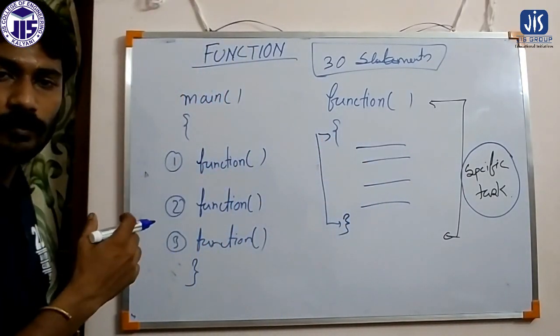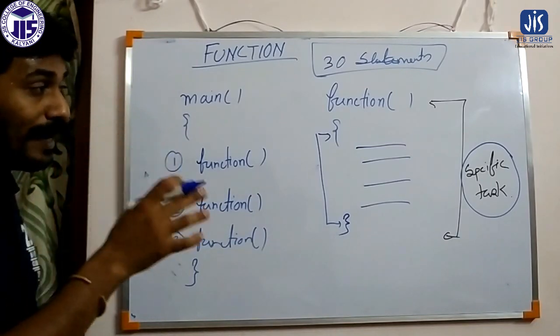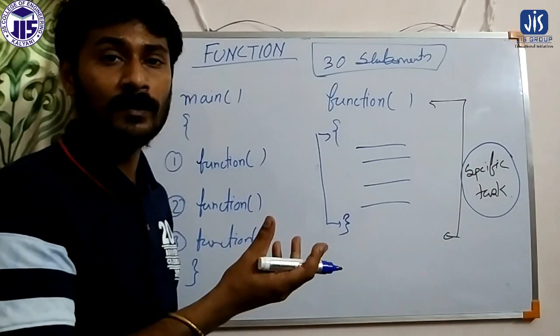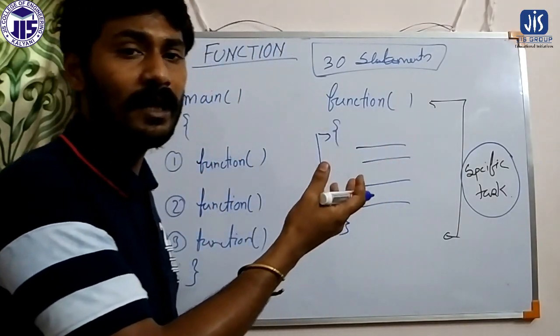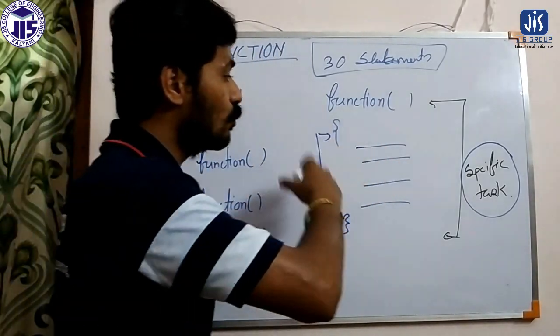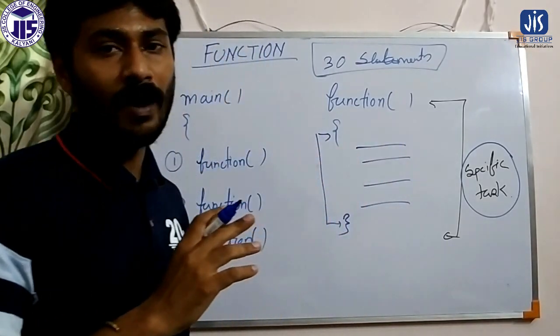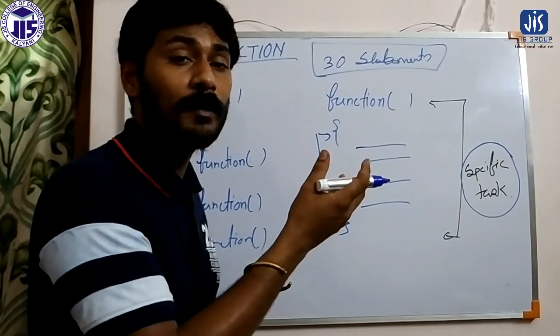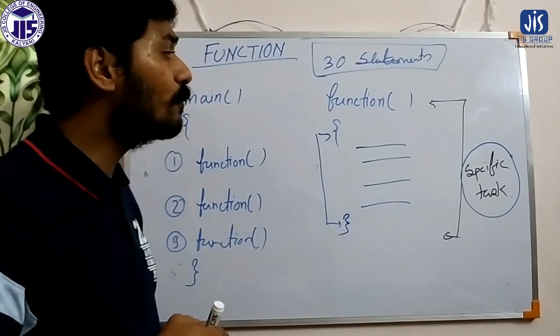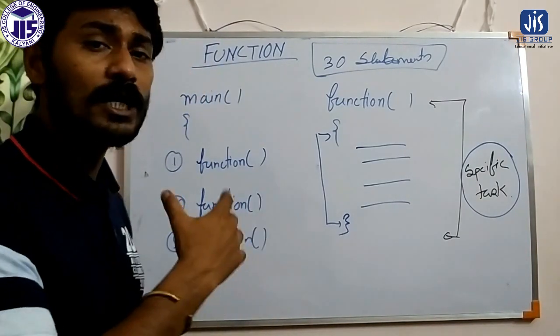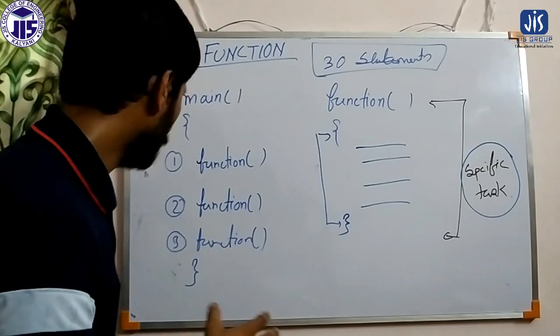So finding the error becomes easy, since we can find it in a particular block, and rectifying it also becomes very easy due to the use of functions. Now the next topic is how the function gets executed in the program, the flow of execution of function.